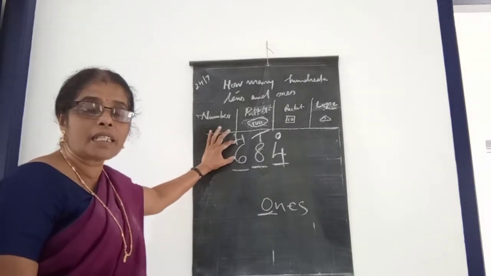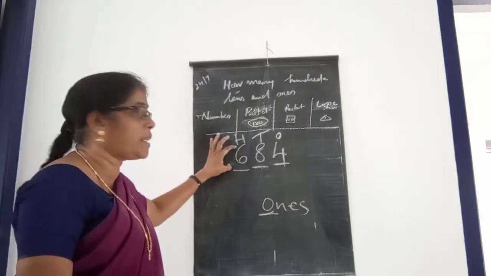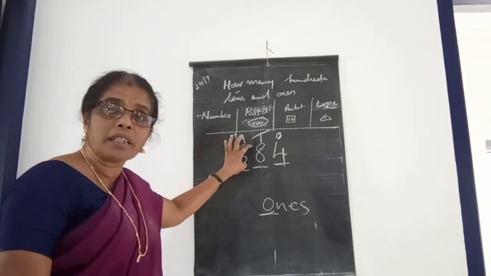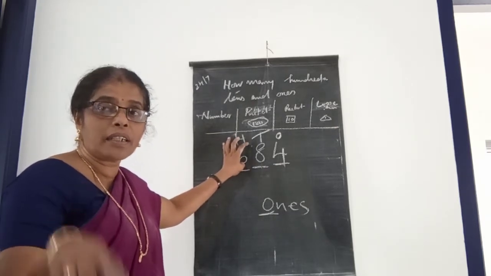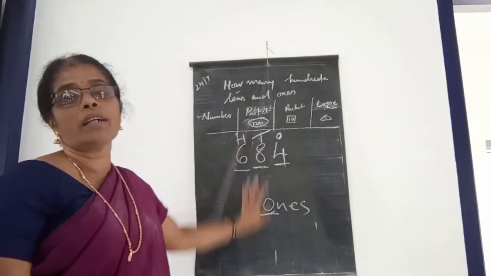600. In 684, the hundreds place has 600. And 84: 80 is tens, and 4 is ones, or loose items.